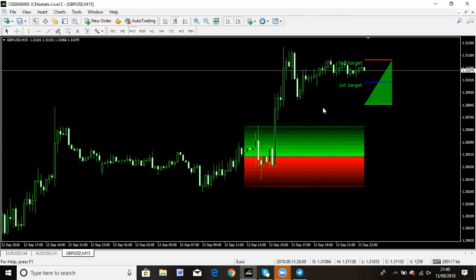It hit the first target here, so we would have bought it at 1.30849, and it would have hit our target easily. Within about 3 hours, it hit our target, and it went past our second target as well. So this custom indicator that this trader has created is very, very good.